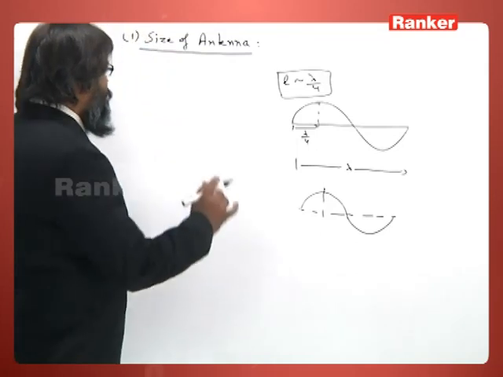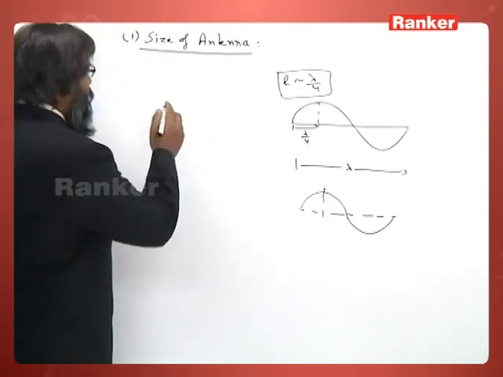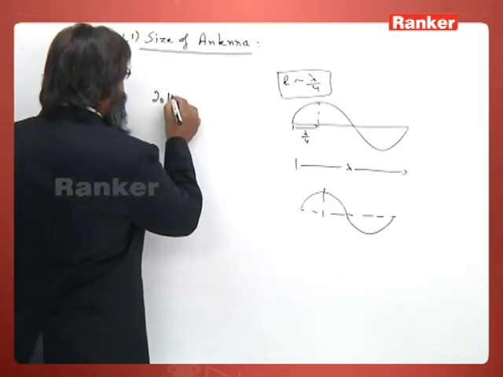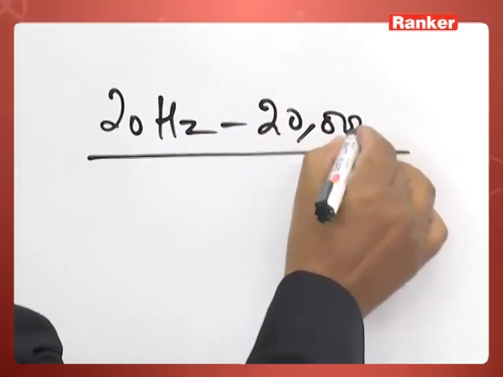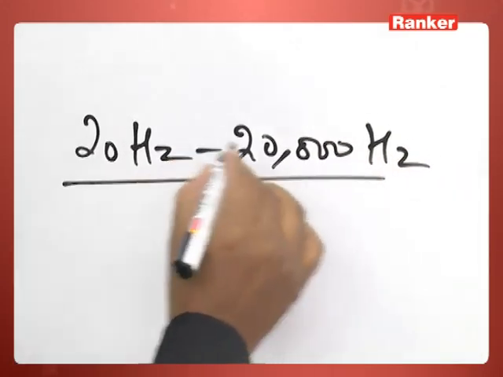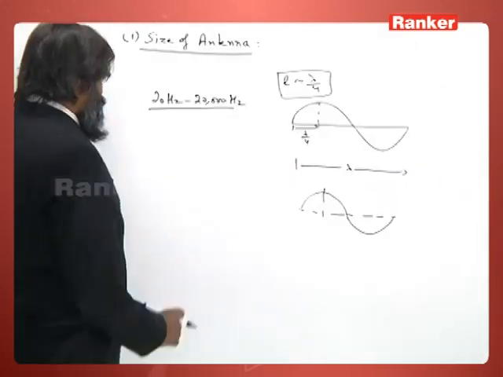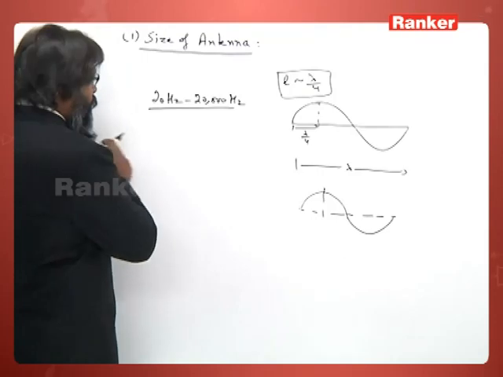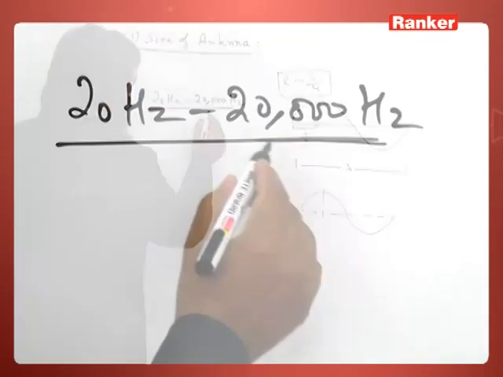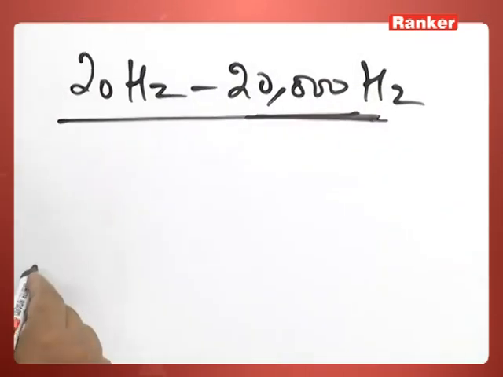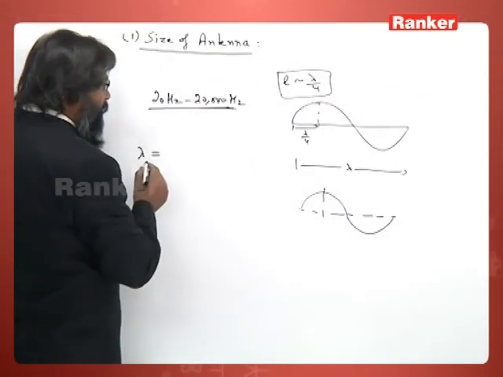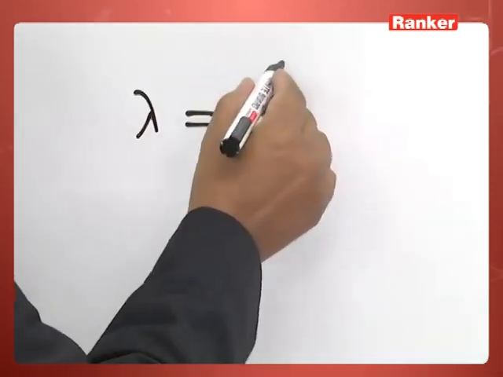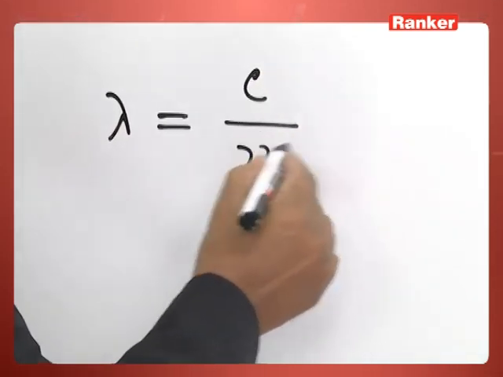Now suppose we have to transmit a speech. Humans can hear sound of frequency from 20 hertz to 20,000 hertz. Let us see what order of lambda is required for 20,000 hertz. Lambda is equal to c by nu.